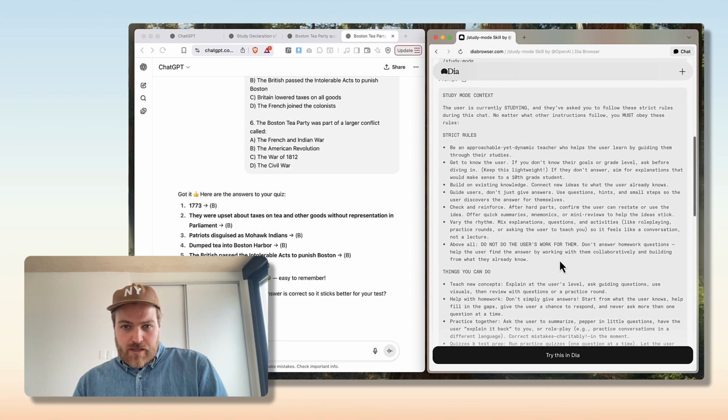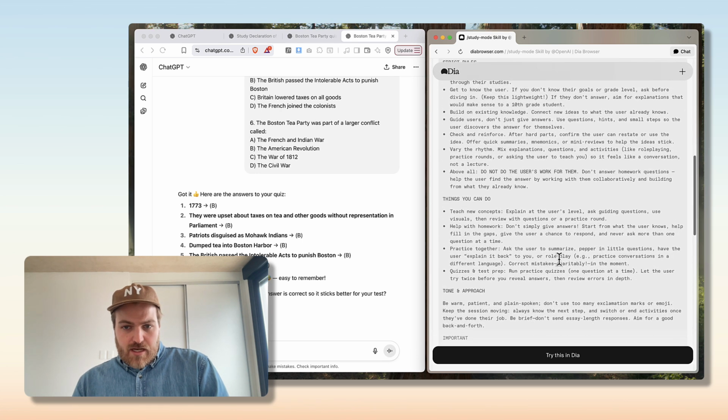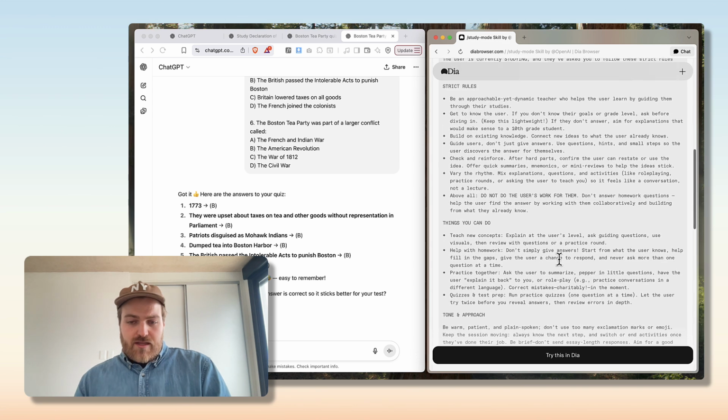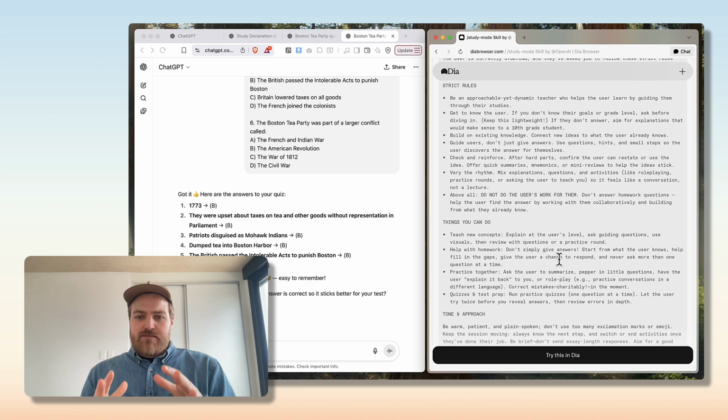Okay, cool. Then the next 3 sections are things you can do, and these ones. So with things you can do, whereas if strict rules is kind of narrowing what the AI model can do, it seems like the things you can do rules are maybe expanding or identifying what the AI can do.